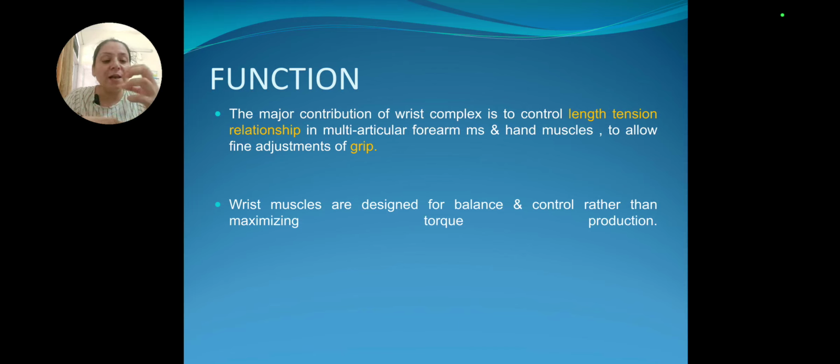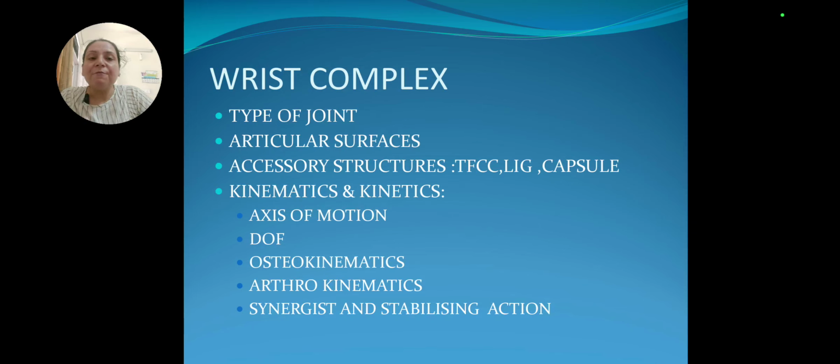It is basically meant for precision activity. It is not meant for torque or force production, but for balance, mobility tasks, precision and manipulation tasks. We will cover the wrist complex under the usual headings: the type of joint, the articular surfaces, the accessory structures, and the kinetics and kinematics of the joint.